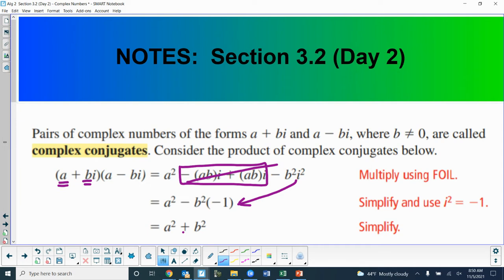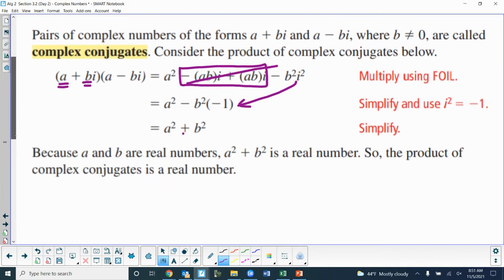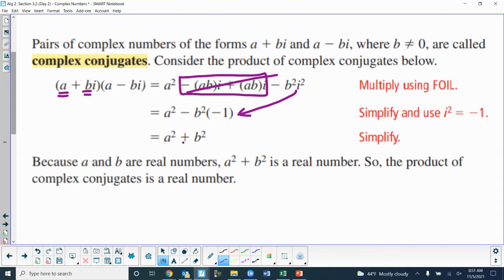When they're complex conjugates, they have to be the same two numbers, but one's plus, one's minus. Okay? So again, when we multiply the product of complex conjugates, we just get a real number.